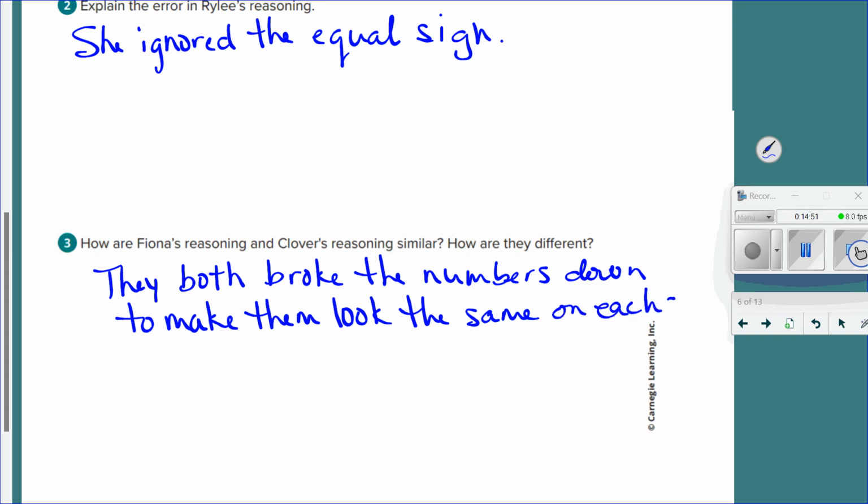Okay? So they both broke them down so that I would get the same numbers on both sides of the equation.